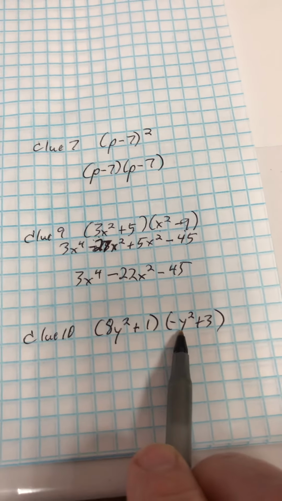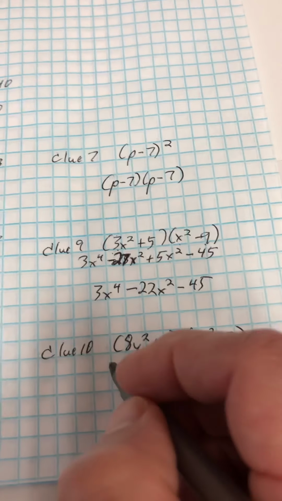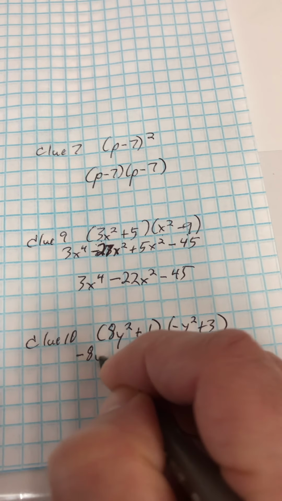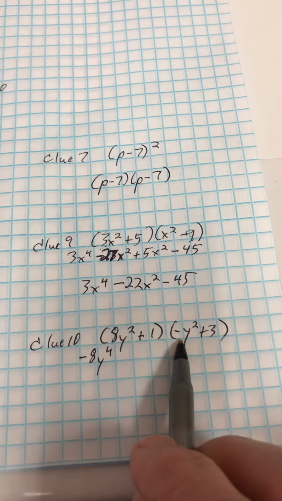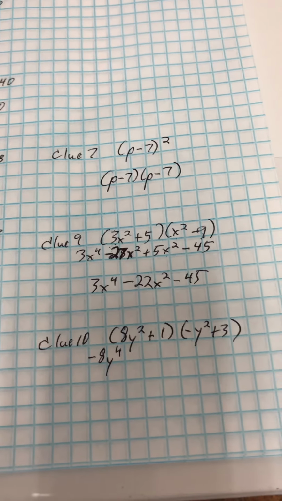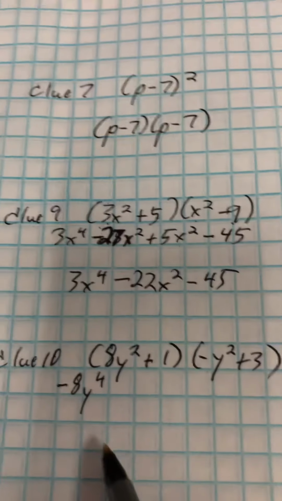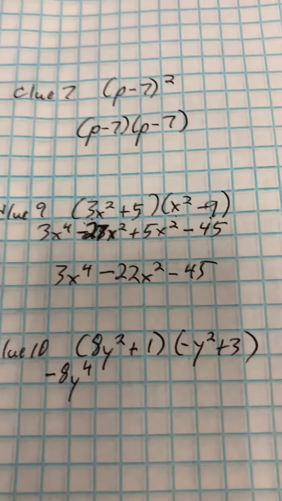The answer would start with negative 8y to the 4th, so it's one of the last 2 answers that you see on your screen. Then just finish: outside times outside, inside times inside, last times last, and you guys can handle that one.